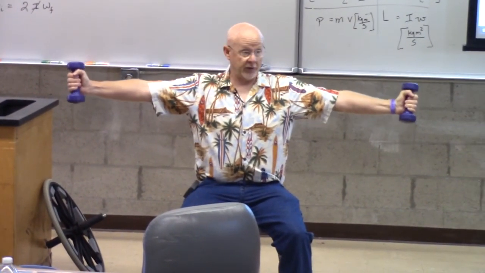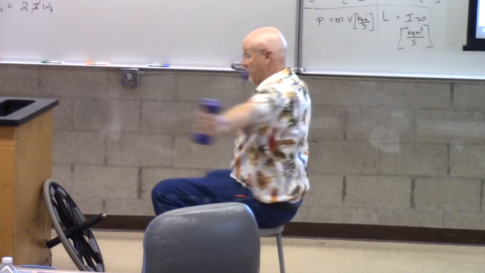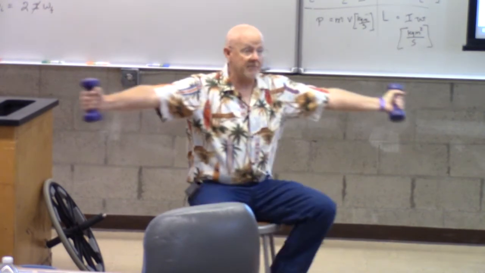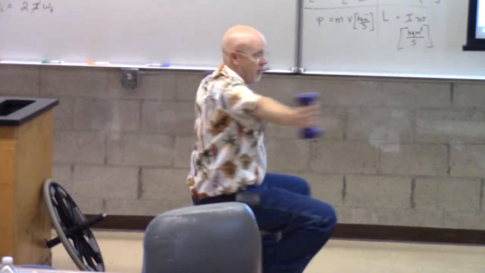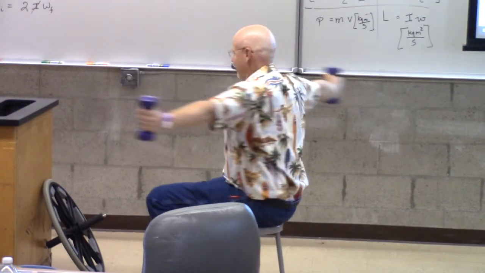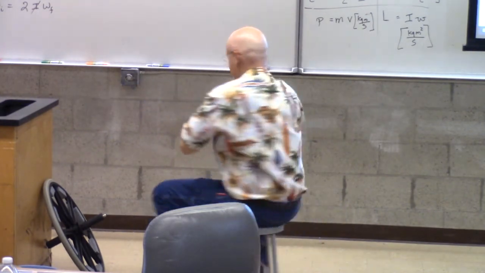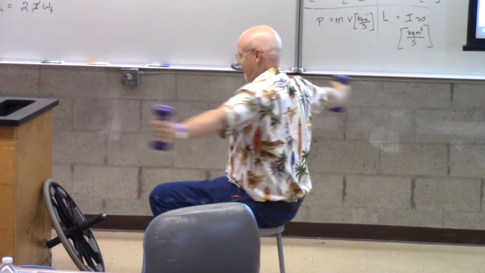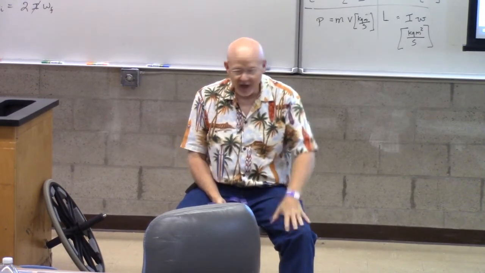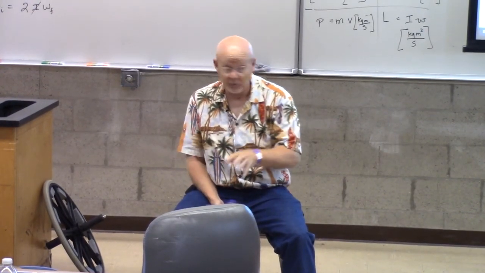And so if I start with the weights out here and give myself a little nudge, I'm going around, and I'd say I have a big moment of inertia. And if I pull them in, I go real fast and then slow. And then fast and then slow. And fast and slow. I could do this for a while. I like this. Okay, so there's our conservation of angular momentum.